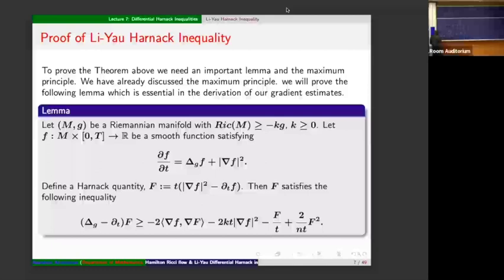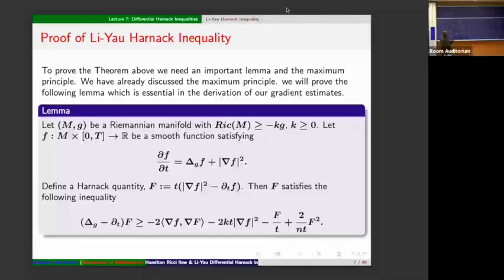Call that point x naught at t naught. And because M is compact, there must be a time when this f reaches its maximum.